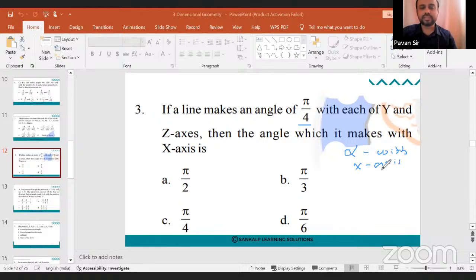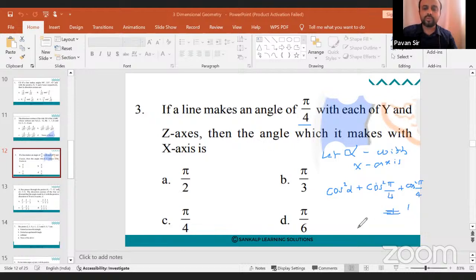Now try to solve. Cos square alpha plus cos square pi by 4 plus cos square pi by 4, why? Because l square plus m square plus n square is equal to 1.